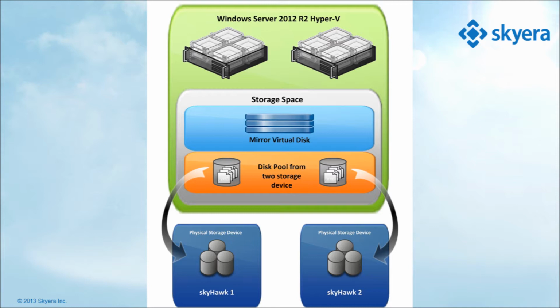Some of the features are write back cache, parity storage layout, dual parity, fast storage space rebuild, and many others. We will also use data deduplication in combination with SkyHawk data compression. You can significantly increase your storage space by more than 90%.